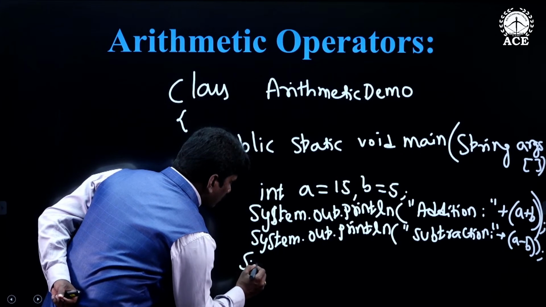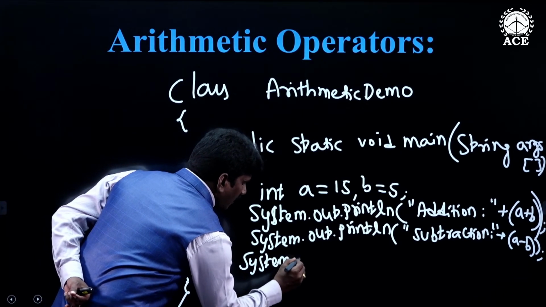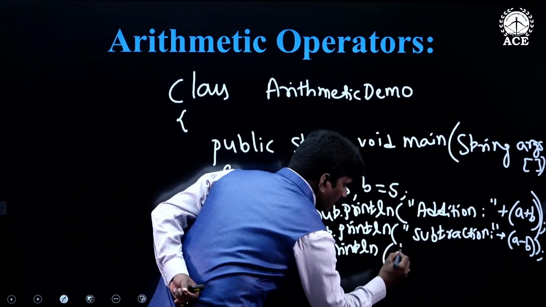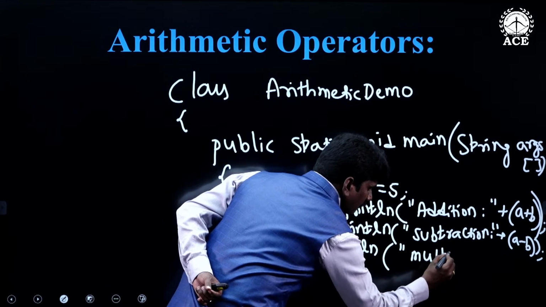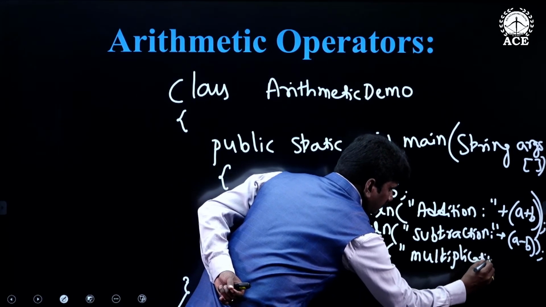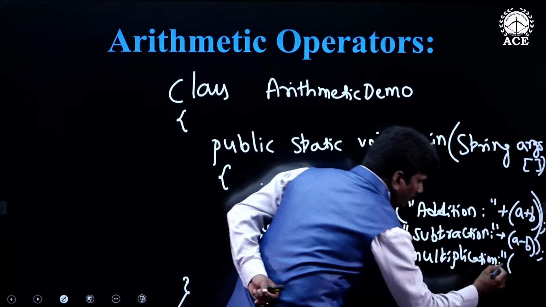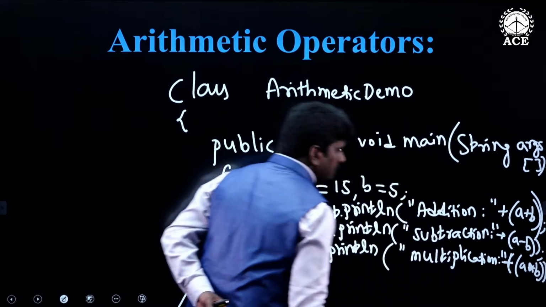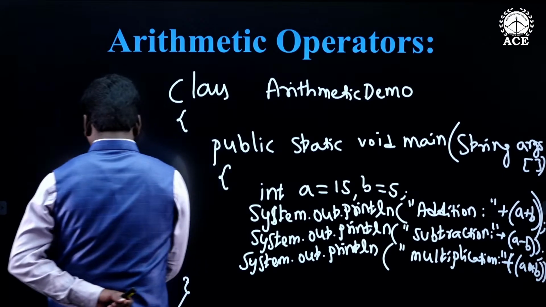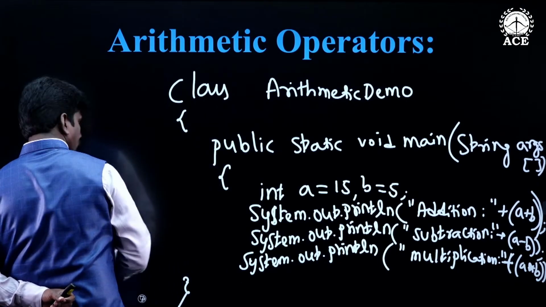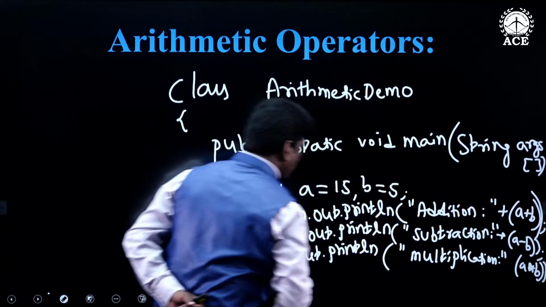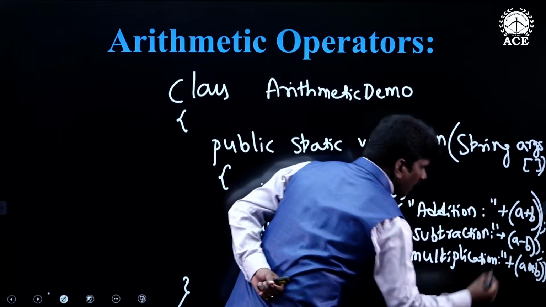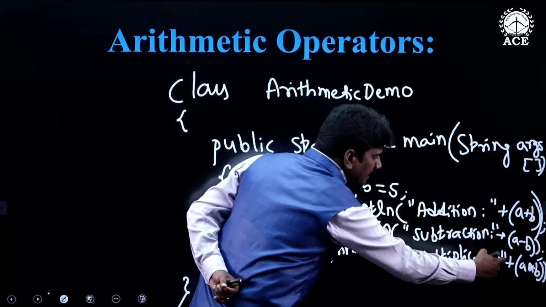Next, System.out.println, within brackets, multiplication plus a into b.